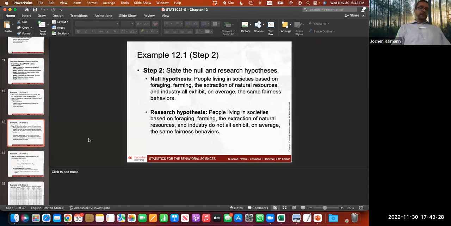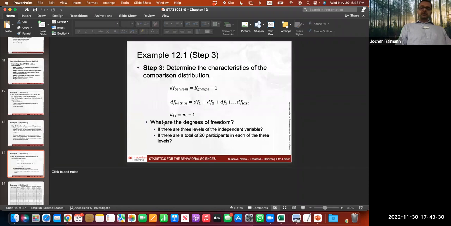So that's simple, right? Now first we need to quantify the degrees of freedom. There are 2 degrees of freedom that we need to calculate our variances: the degrees of freedom between, which is the number of groups minus one, and the degrees of freedom within. The degrees of freedom within are the degrees of freedom of each individual group summed up, or alternatively, the sum of all individual scores minus the number of groups; it comes to the same thing.